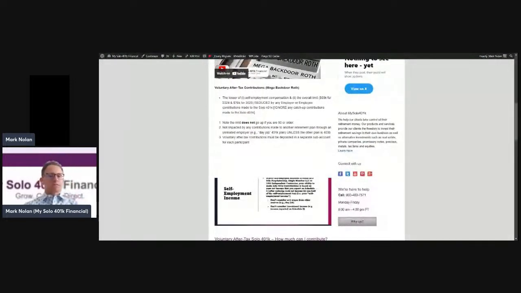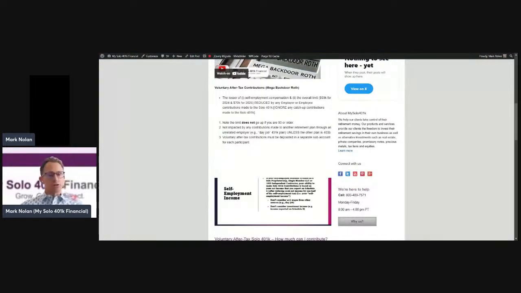So for instance, for 2024, the overall contribution limit to the solo 401k is $69,000. For 2025, it's $70,000.